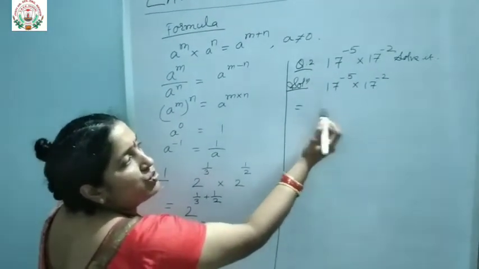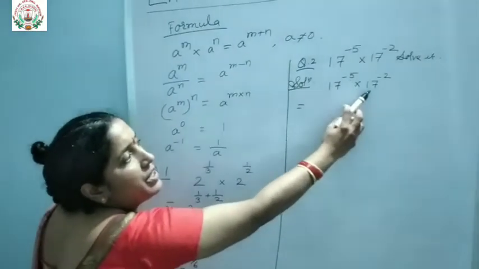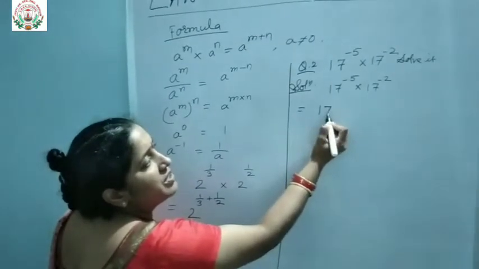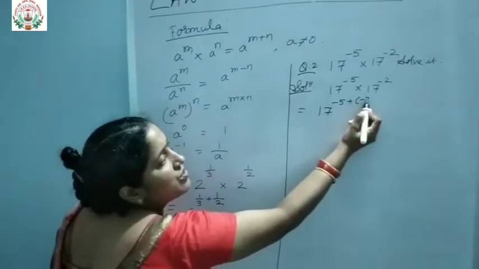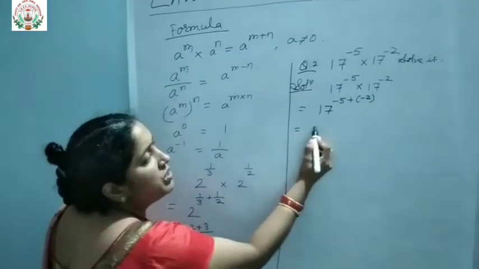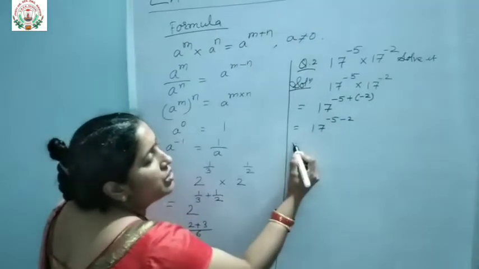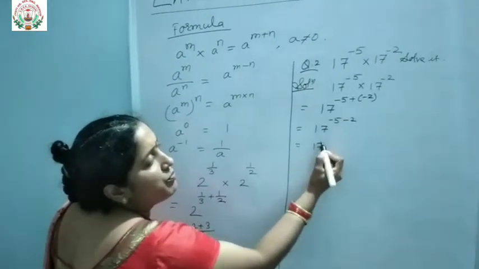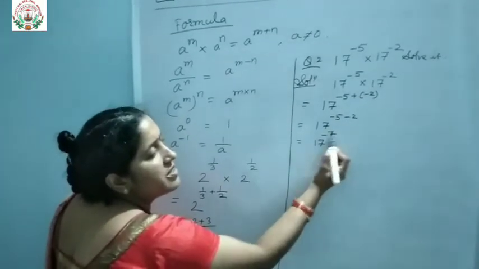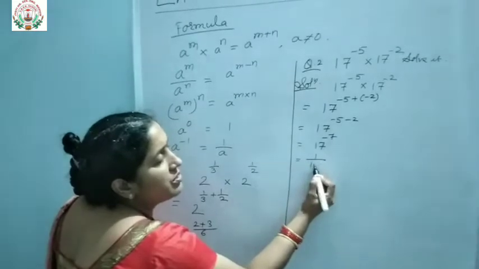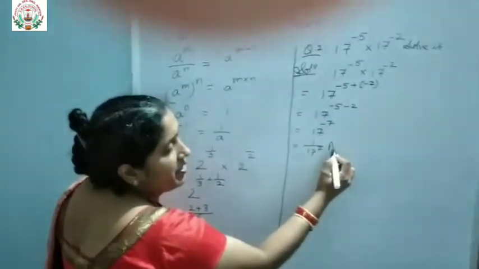This is again in the form of a to the power m into a to the power n. So it will be 17 to the power minus 5 plus minus 2, which is minus 7, which is 1 upon 17 to the power 7. Clear? Understood children?